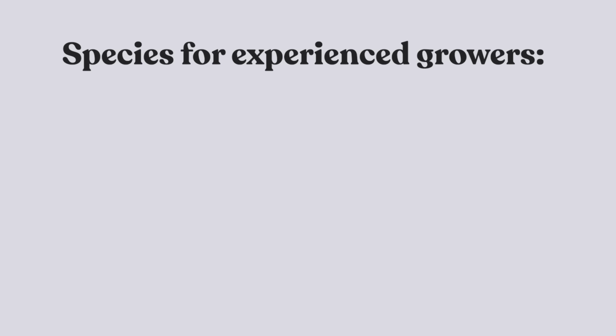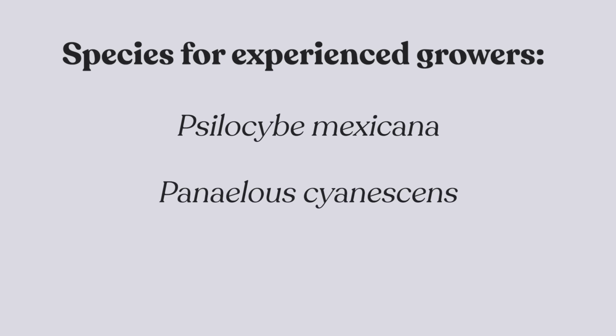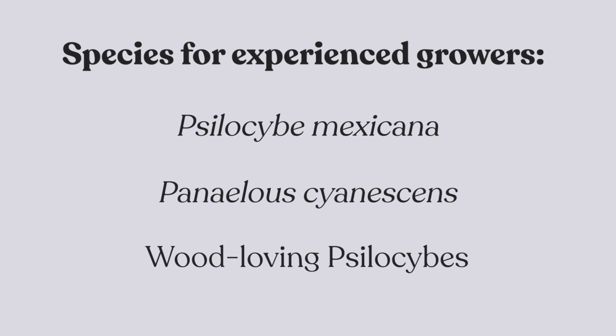If you're a more experienced grower, you can try other species like Psilocybe mexicana, Panaeolus cyanescens, or any of the other wood-loving psilocybes, which are harder to grow than dung-loving species like golden teachers and penis envy. And just keep in mind that if you're shopping off the Psilocybe cubensis menu, more exotic species might be harder to find.